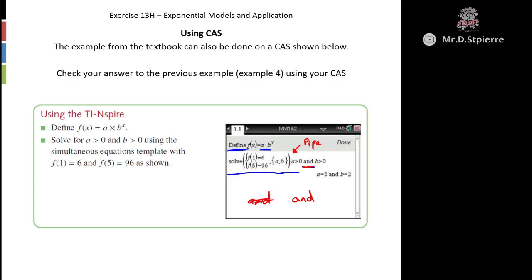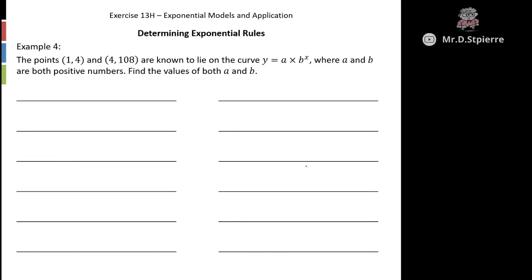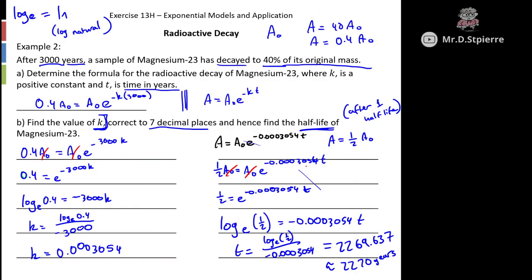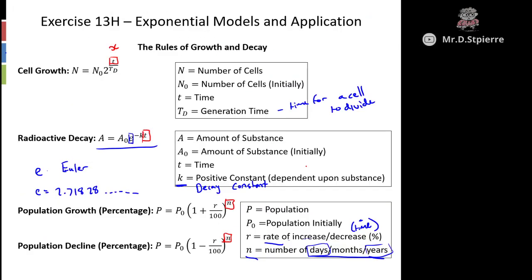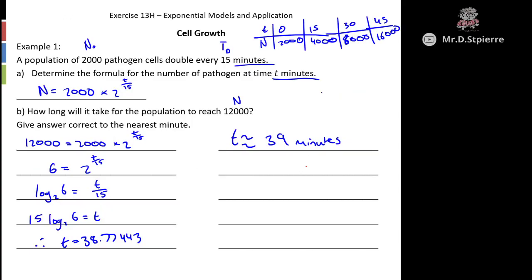That's it for 13H. Have a crack. Most of these examples are very similar to the ones in the textbook. So when you get the textbook, recognize: is it cell growth? Is it radioactive decay? Is it a population growth or decline?